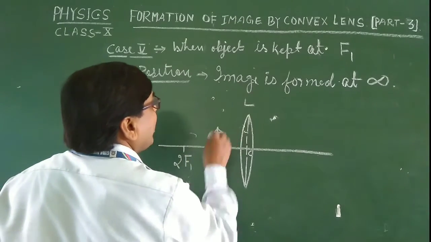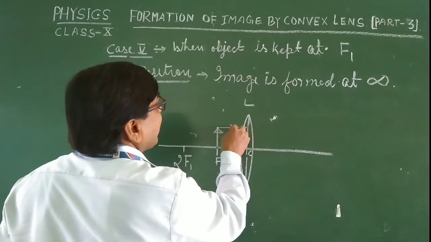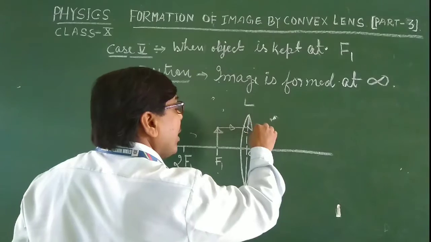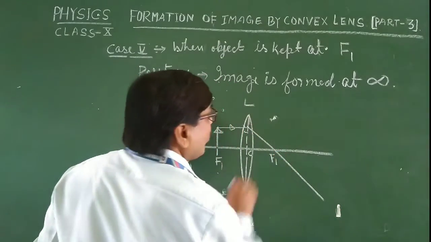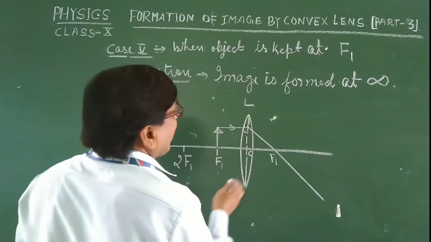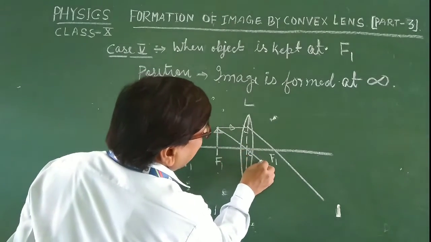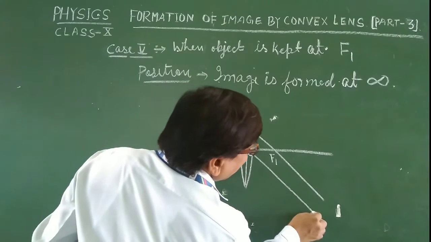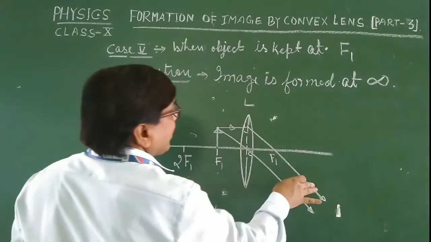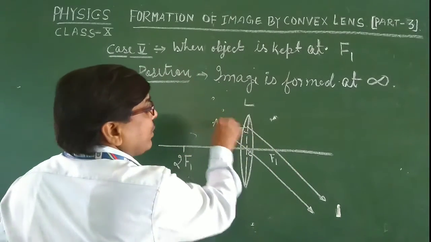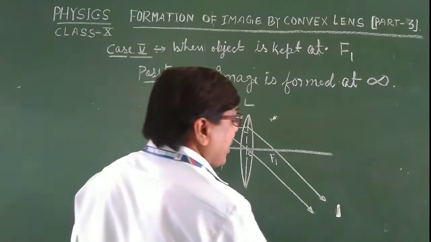Take the ray diagram: the incident ray parallel to the principal axis, after refraction, moves through the focus. The next incident ray moves parallel to this line, which is the refracted line, and they do not intersect at any point.